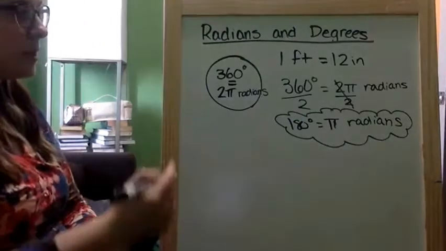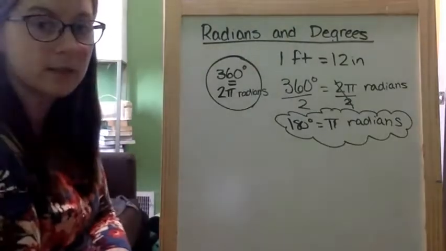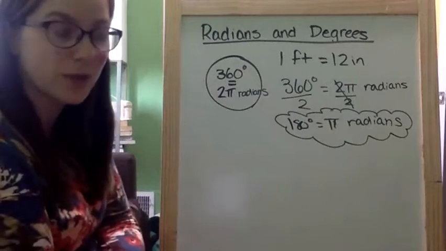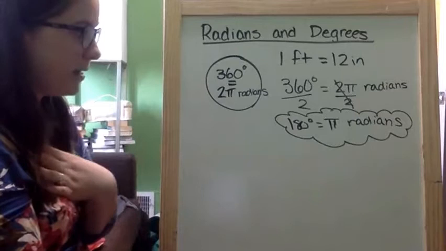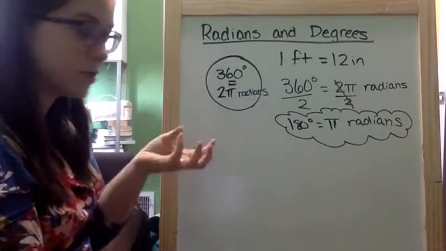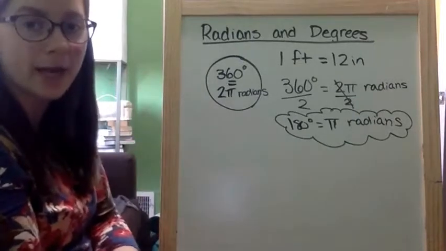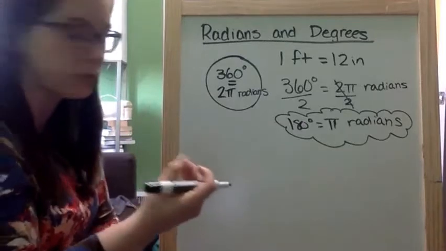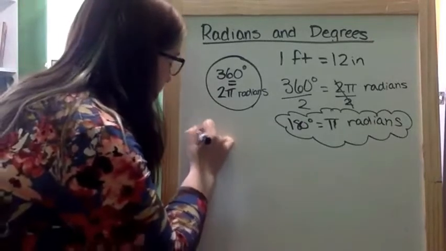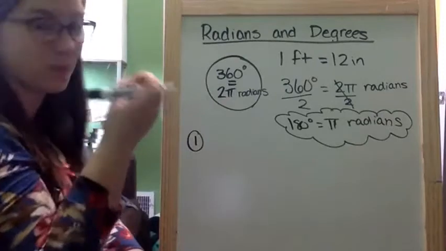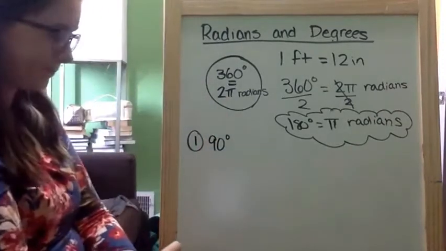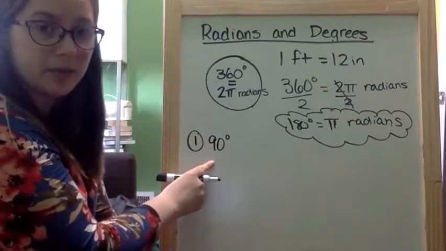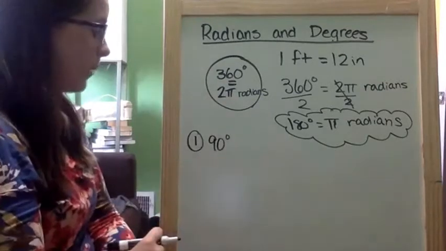So let's actually start by converting degrees to radians, and we're going to use our dimensional analysis to do this. That's what I find, especially when you're starting these, is the most accurate way to make sure you're doing this correctly. So if we start with an example, let's start with a simple and really common one, 90 degrees. And we want to convert 90 degrees into radians.